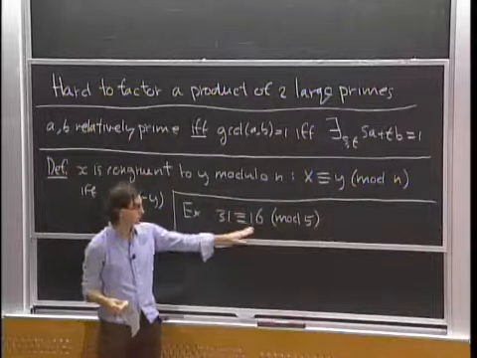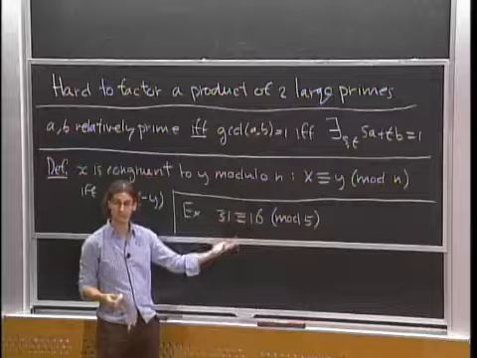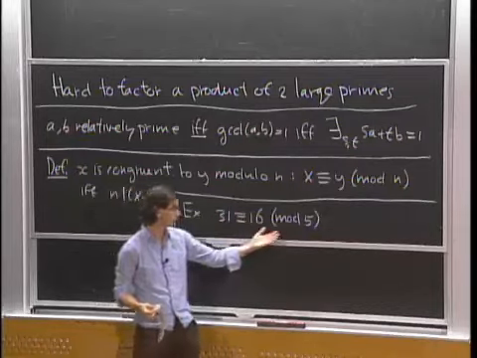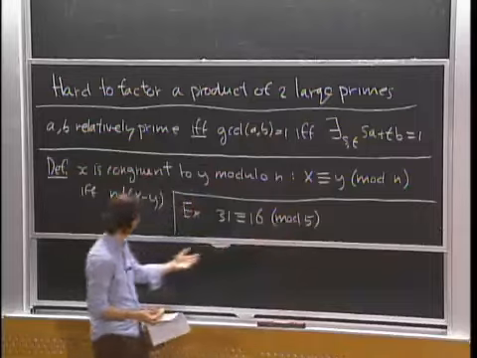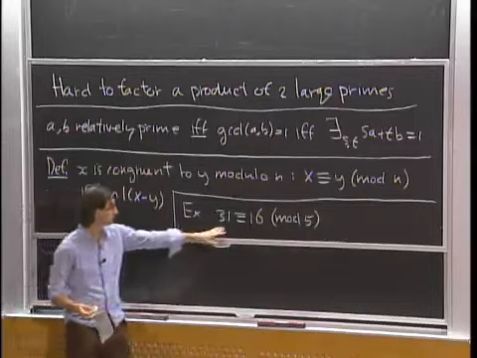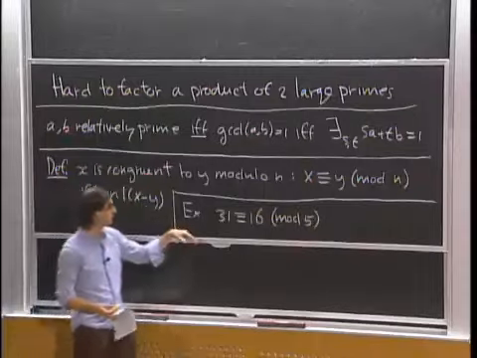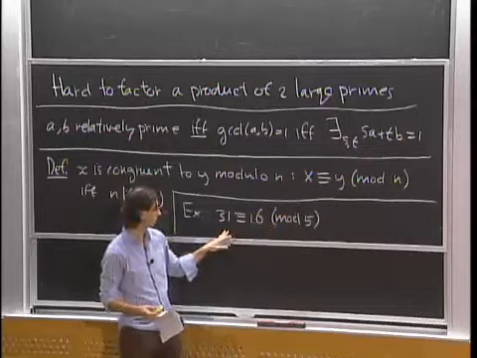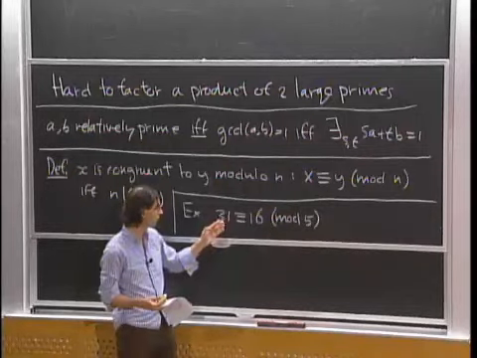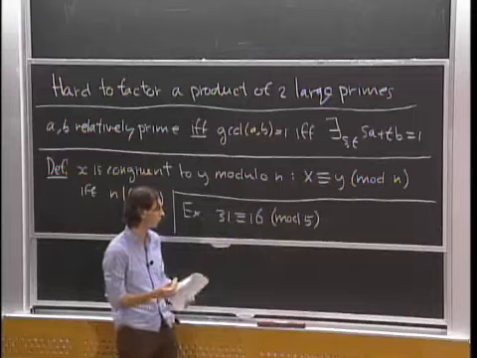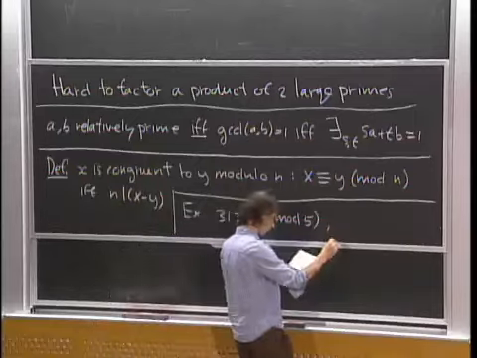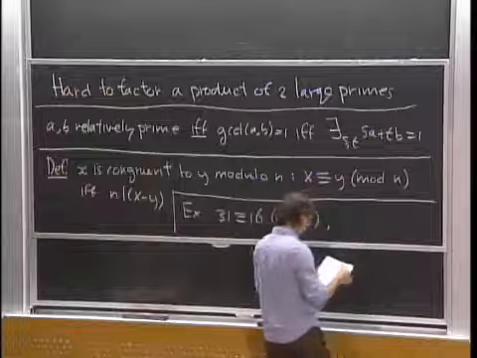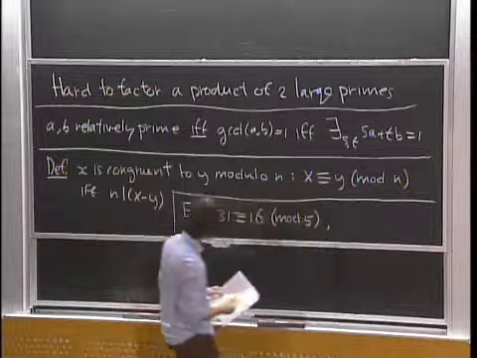Well, I take the difference between 31 and 16, which is 15. And I know that 15 is 3 times 5, so 5 divides this difference. And then by the definition, we can write it like this. And we say, that's the definition, 31 is congruent to 16 modulo 5. Another example is, we will stick with this example.